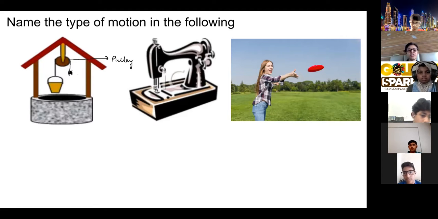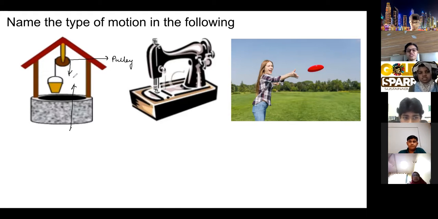Which one will be easier: with pulley, pulling out a bucket full of water from the well, or without pulley, pulling it directly like this? With pulley, it is easier, right?